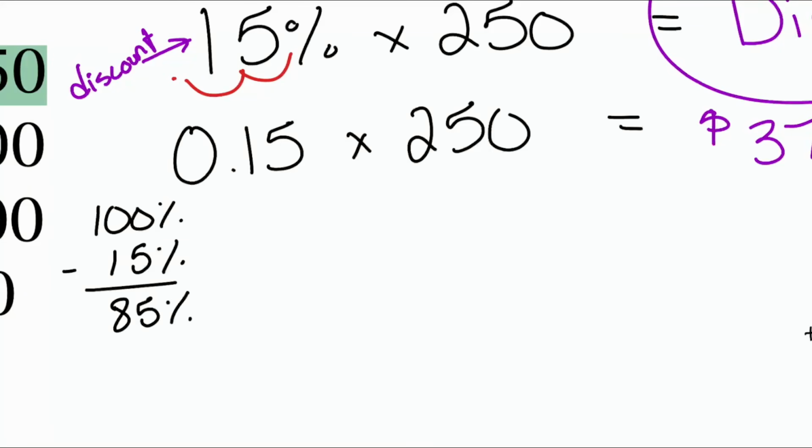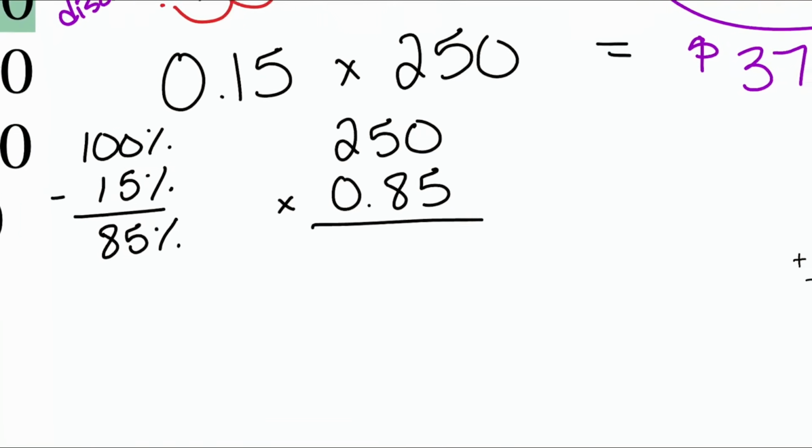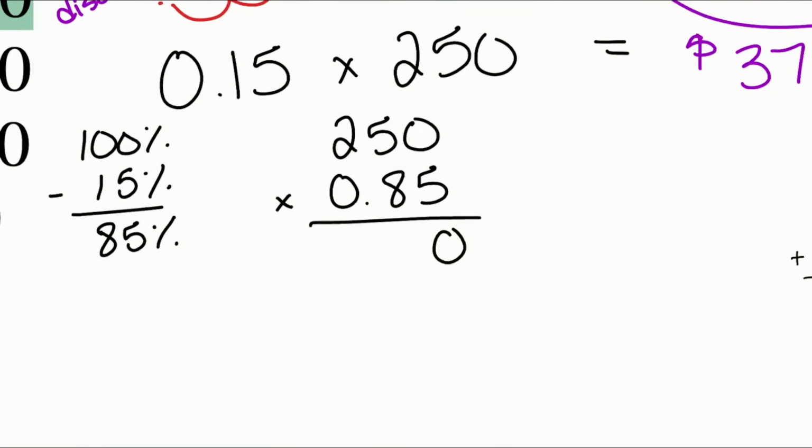So look at how we're going to get this done in one shot. So I'm going to do 250 multiplied by 0.85. Watch this. 0 times 5, that's 0. 5 times 5, that's 25, carry the 2. 2 times 5 is 10, carry the 2 is 12.